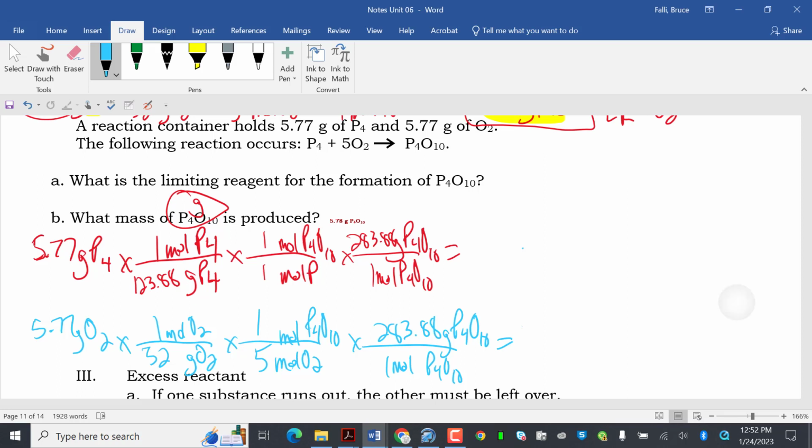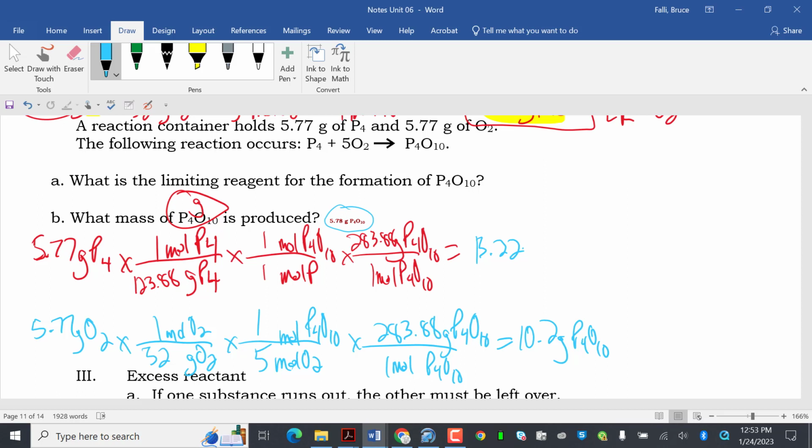I got 10.2 grams of P4O10. Top one: 5.77 divided by 123.88 times 283.88, and that's 13.22. Oh, man. I think I might have had something wrong here because I have a little cheat sheet key for that.